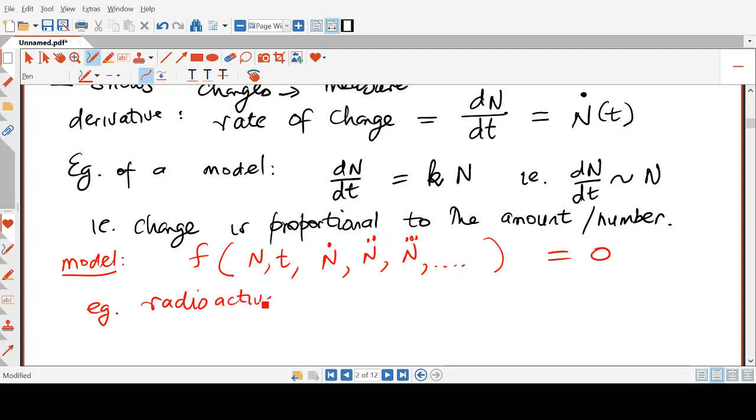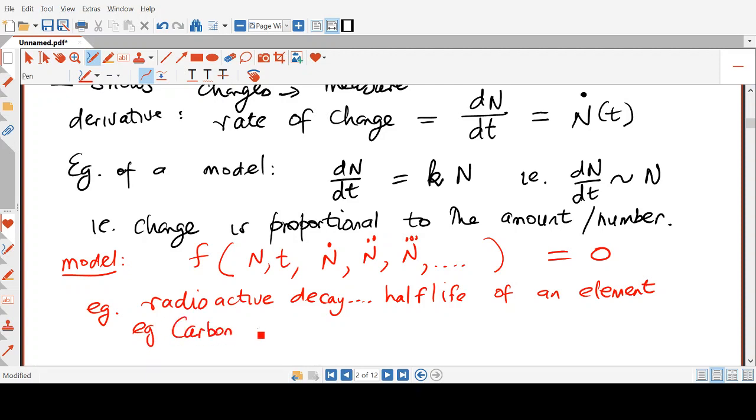This is something you have studied in high school physics. Half-life of an element. An element like carbon decays. All elements decay. Carbon decays according to a formula.